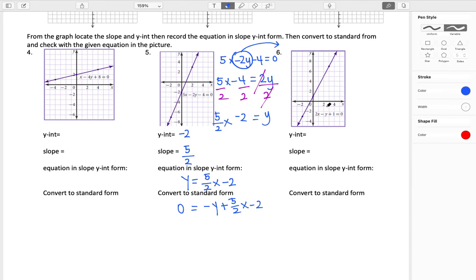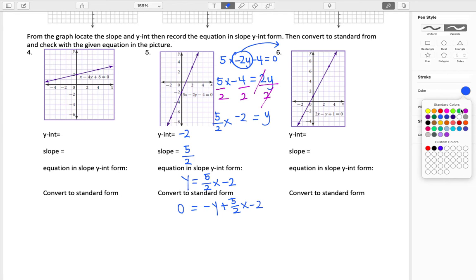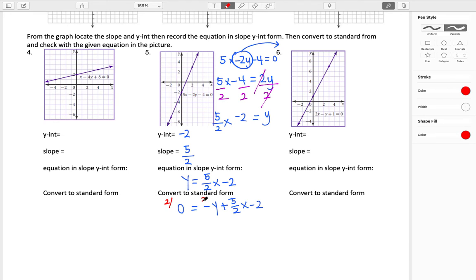Now within a standard form, we don't want to have a denominator or fraction. So find the denominator. In this case it's 2. So we're going to multiply everything by 2 so we get rid of the denominator.